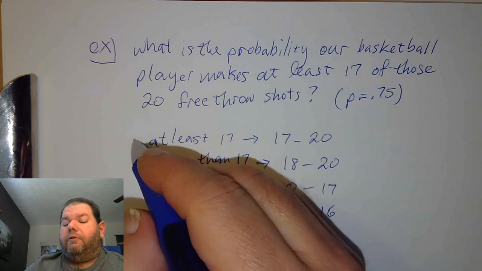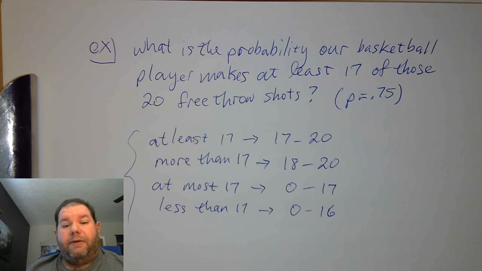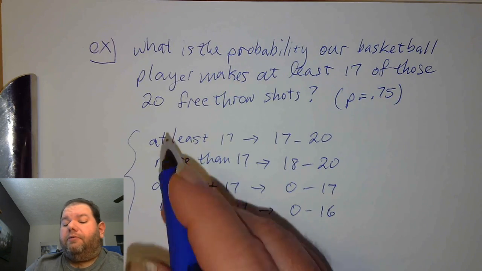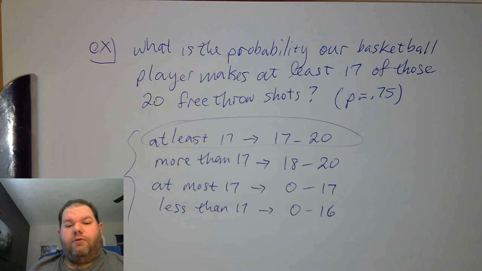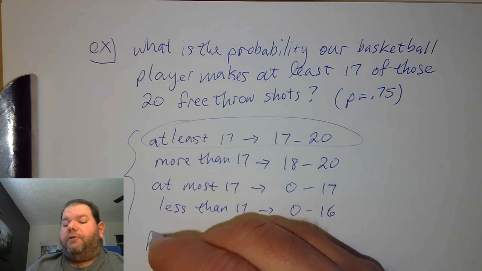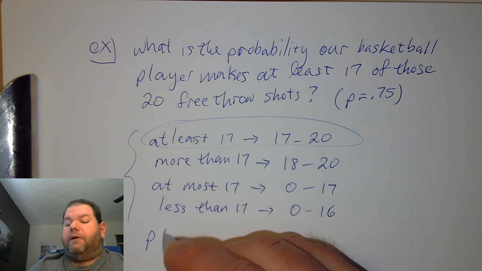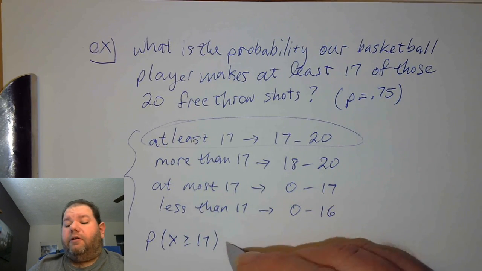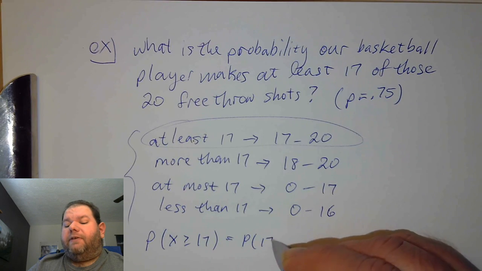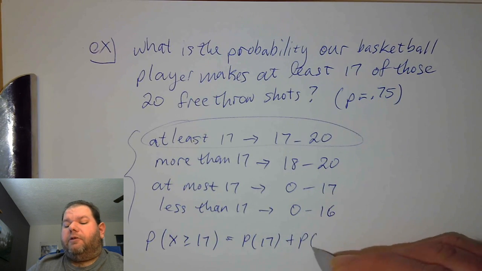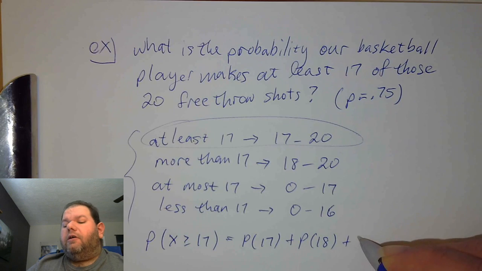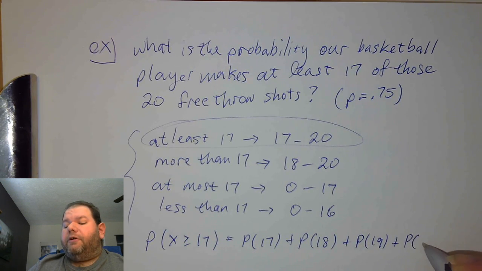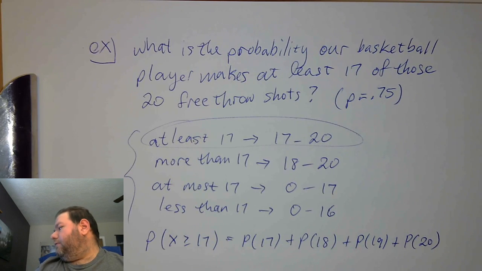Okay, so these are kind of the 4 different ways we might see this written, but we know in this case, this first one is what we're focusing on, which means the probability of making x greater than or equal to 17 free throws would be the probability of making 17 plus the probability of making 18 plus the probability of making 19 plus the probability of making 20.